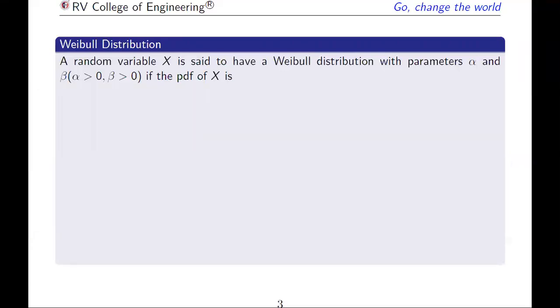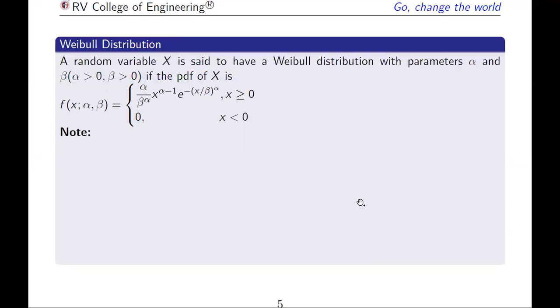The probability density function of the Weibull distribution with the parameters alpha and beta, wherein alpha and beta are both positive, is given as f of x; alpha, beta equals alpha by beta power alpha, x to the power of alpha minus 1, e to the power of minus (x by beta) whole power alpha, whenever x is greater than or equal to 0, and is equal to 0 otherwise.